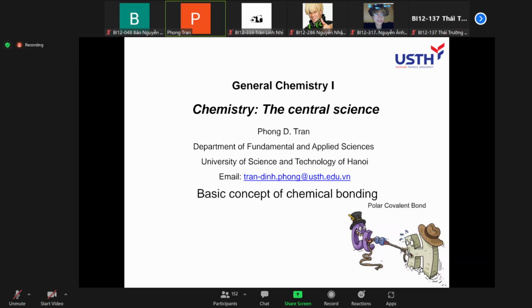So you can now imagine that if one atom gives out electrons, then the other atoms should receive electrons, because we have the famous law of conservation of matter. So now in this lecture, we start to discuss how the atom uses valence electrons in the outer shell of the atom to create the chemical bond.